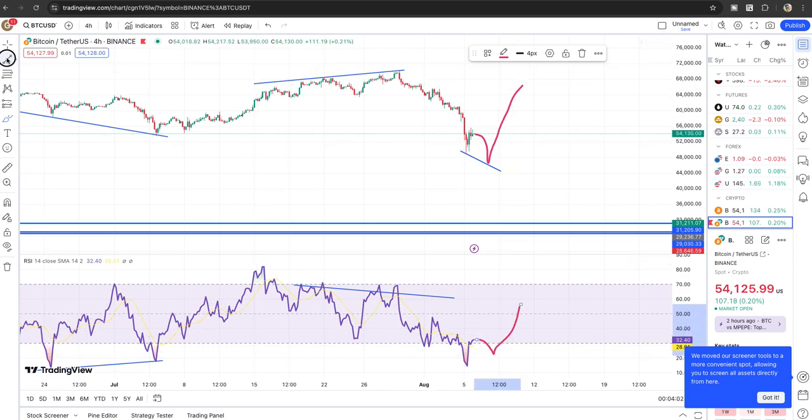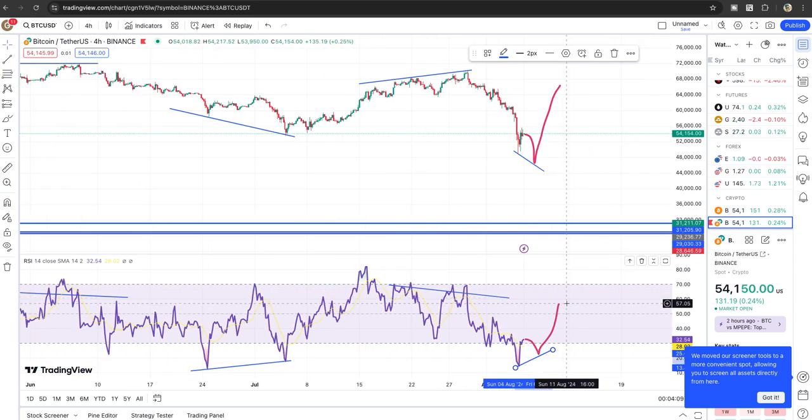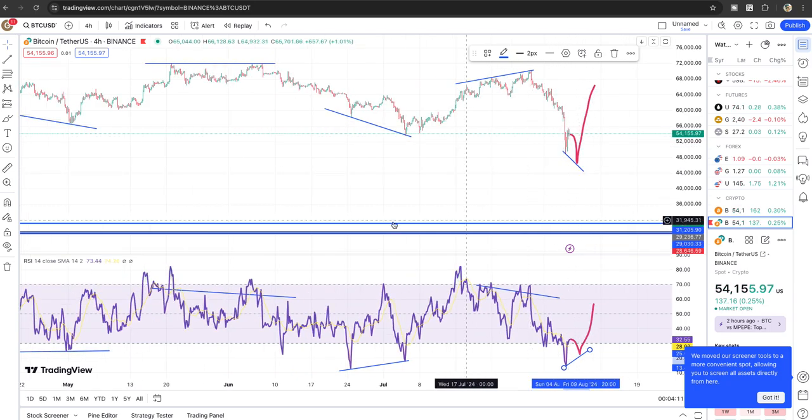So if this type of thing happens, we can expect the reversal and identify the bottom.